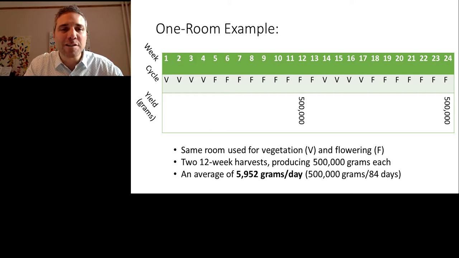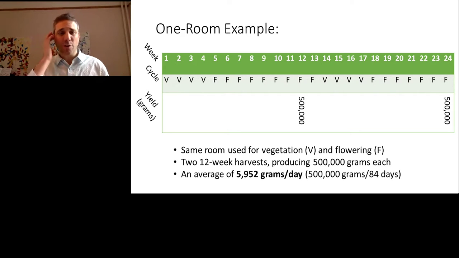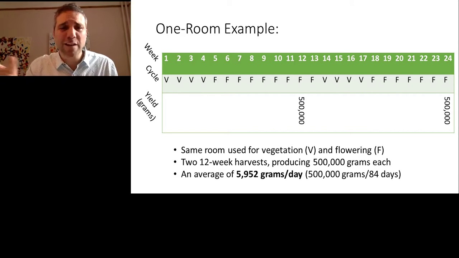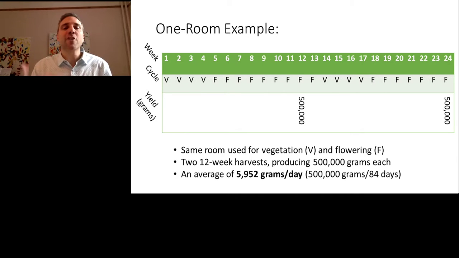But the plants that are growing during week 1 are much smaller than the plants that are growing during the second phase, the flowering phase. So you can imagine there's a lot of space that's just not being used. And so what we want to do is find a way to reduce that underutilization. The way we can reduce it is basically by creating more rooms.